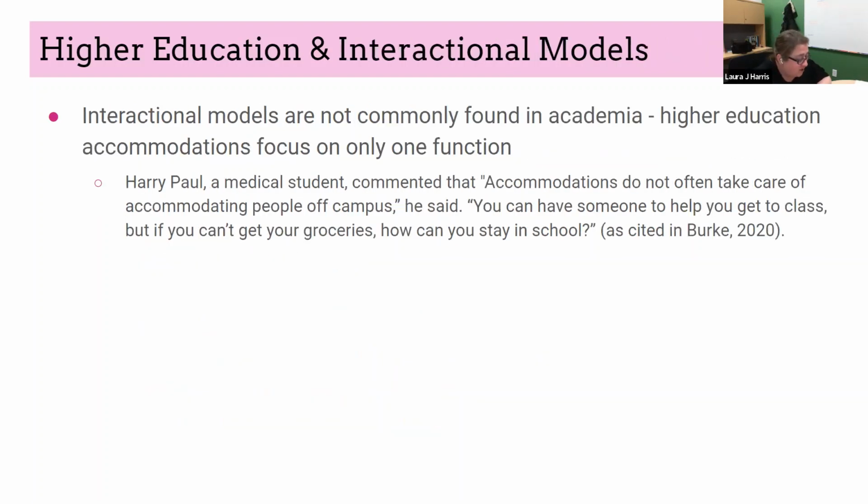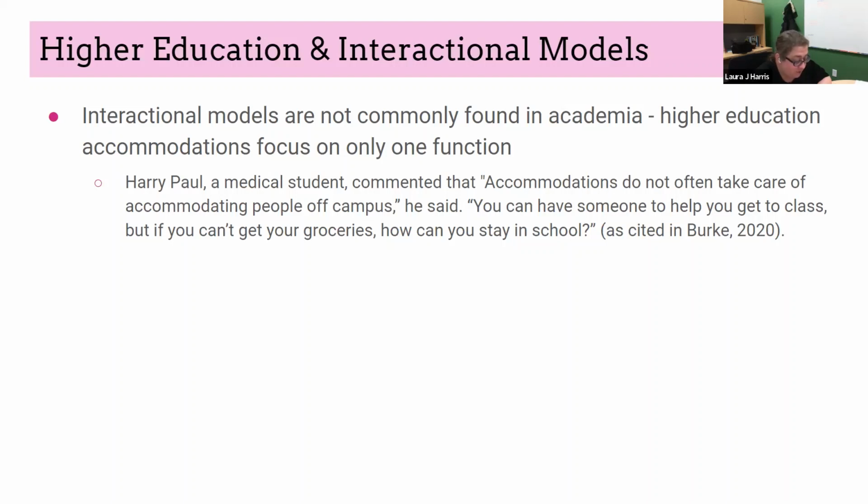And I also wanted to mention the interactional models because in my mind, they are notably absent in higher education. I believe this was from an article in Inside Higher Ed, but there was a medical student named Harry Paul, and he said accommodations do not often take care of accommodating people off campus.